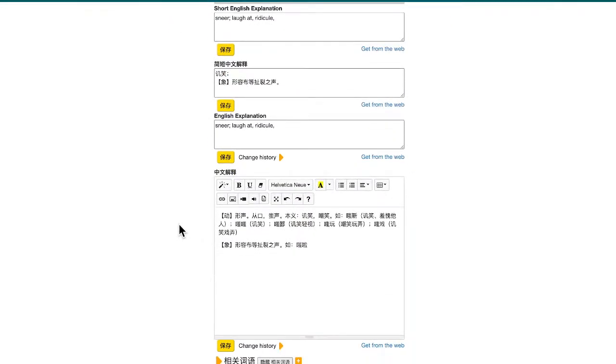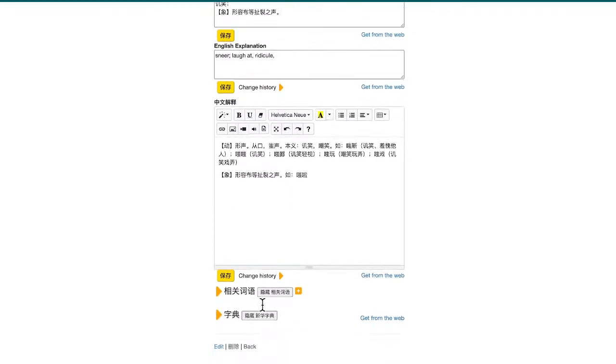It's also an onomatopoeia describing a certain type of laughing, like 噗嗤笑了. 嗤啦 describes a sound like tearing paper or tearing fabric. It's a tearing sound. This is 嗤.